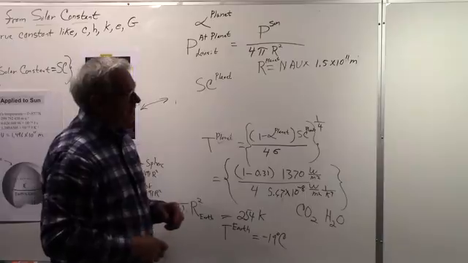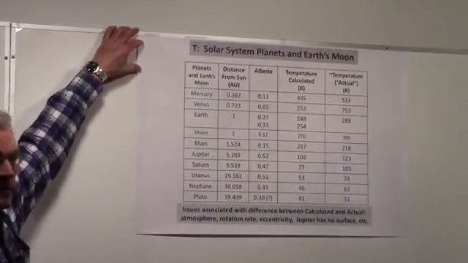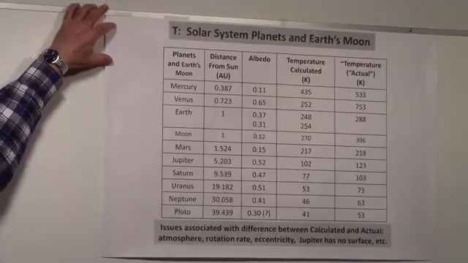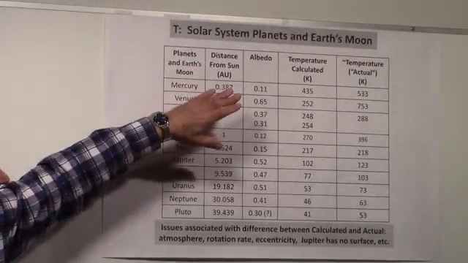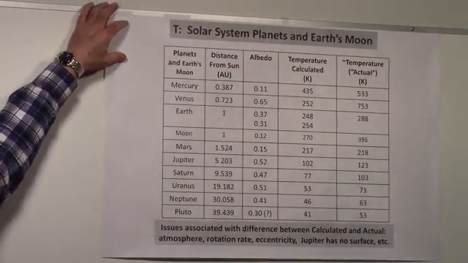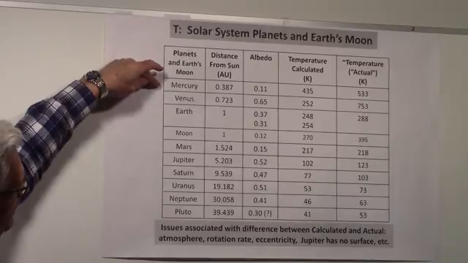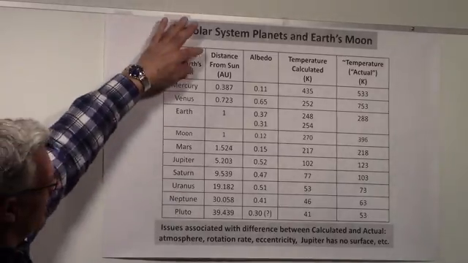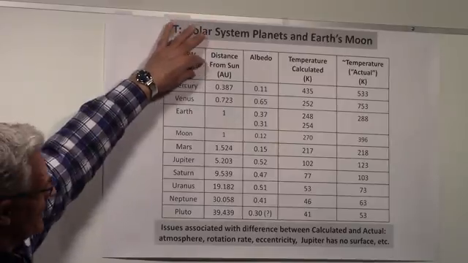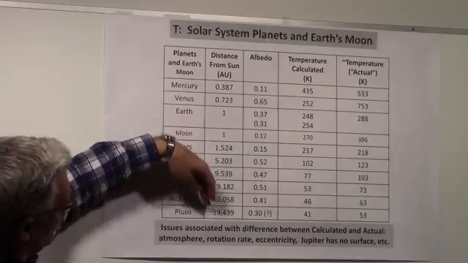So if we come over here now, this table shows the temperature for the solar system planets, and I also included the Earth's moon. So here are the objects going from Mercury to the planet Pluto. We're showing the distance from the sun in astronomical units for all the planets.